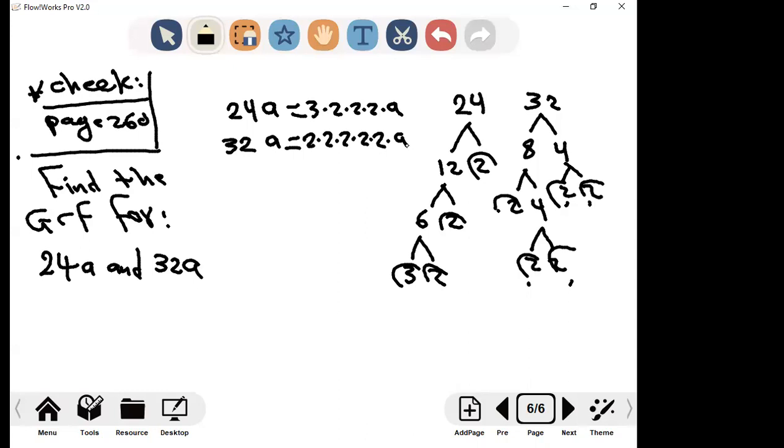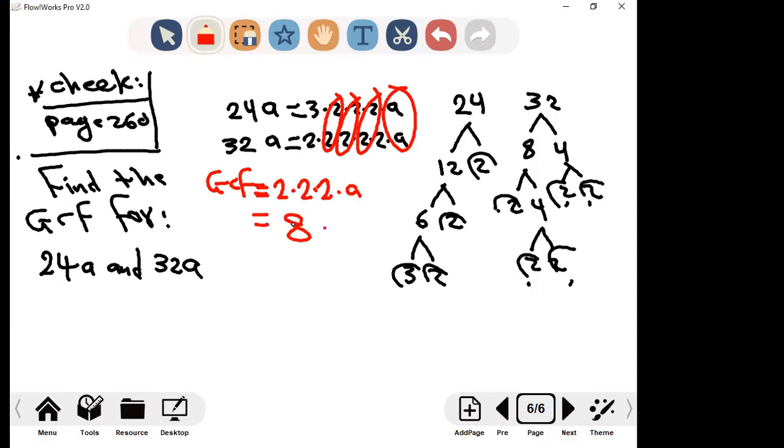Now we select the common factors. We have 2 and 2 and 2 and a, right? To find the GCF, from each common we take one. The first one, 2. Second one, 2. Third one, 2. And a. 2 by 2 by 2, 8a. So the GCF is what?